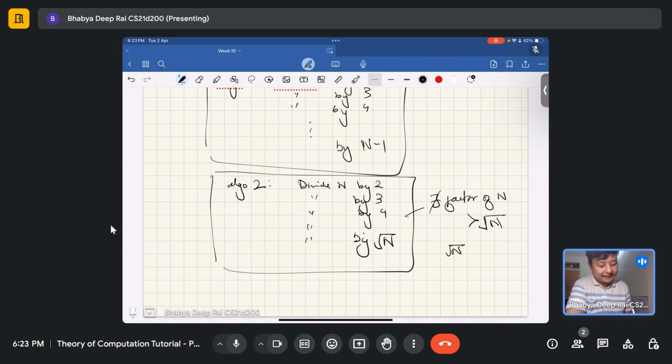Because root n itself times root n is equal to n, and if I increase this to root n plus 1 times something, then I cannot get anything else, because whatever is here needs to be something smaller than root n, but this is not possible.